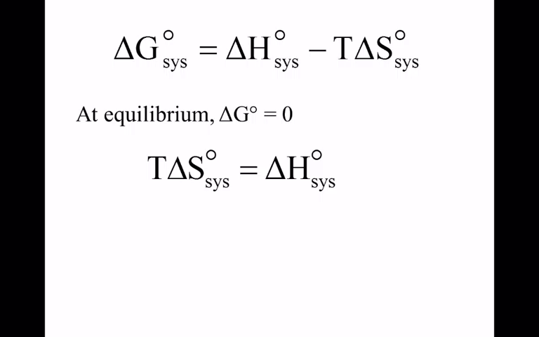So if delta G of the system is 0, then basically delta H of the system is equal to T delta S of the system. And then if we want to solve for the entropy, delta S, all we have to do is divide both sides by T, and we basically get that. So that's why it shouldn't say change, it should say system.